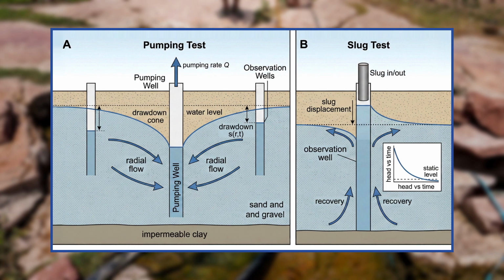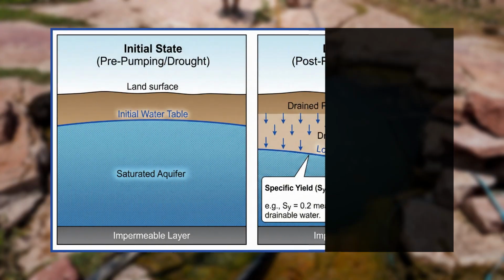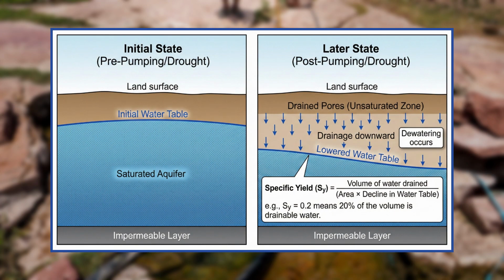Porosity and permeability are the two fundamental physical properties of porous media that control the storage and movement of groundwater. While porosity determines the quantity of water that an aquifer can hold, permeability determines how easily the water can be extracted or transmitted.